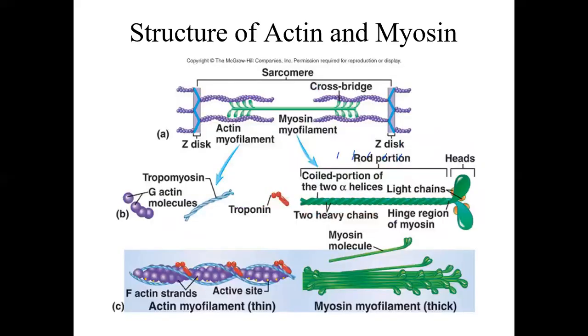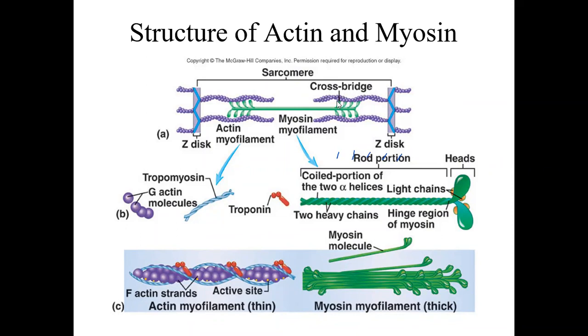So this diagram shows you an interaction between myosin heads and the actin molecule. So when you allow contraction to occur, when you remove the tropomyosin from the myosin binding site on the actin filament, immediately the myosin will attach.